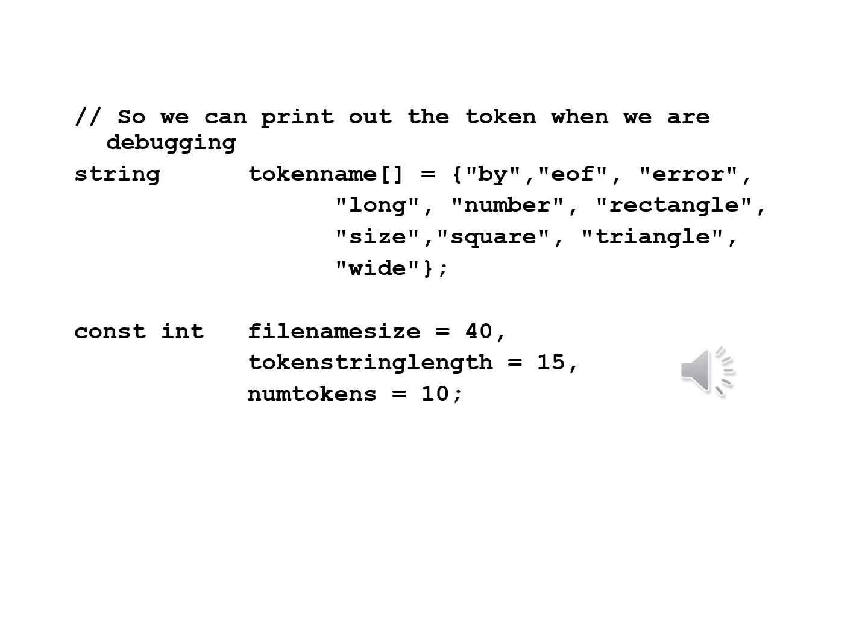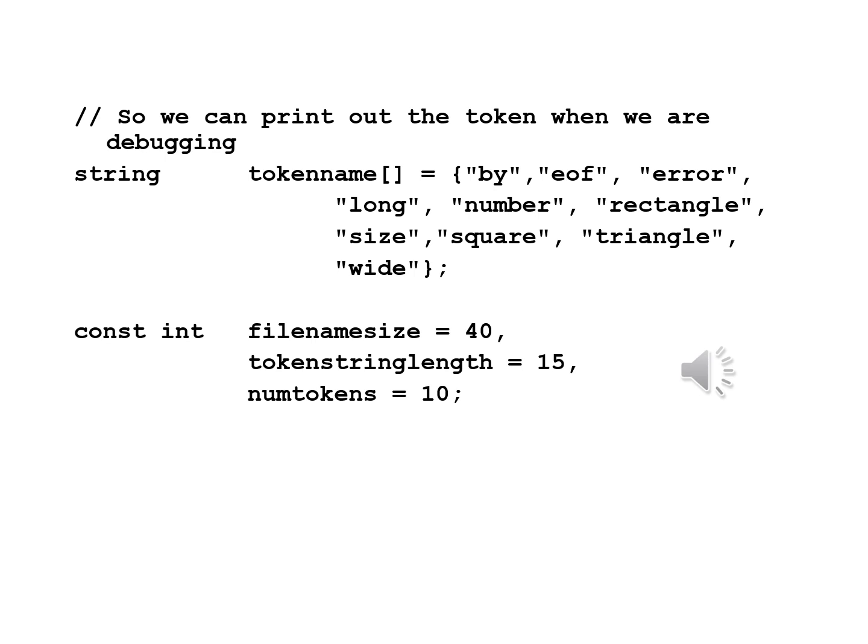When debugging, it proved very useful to be able to print out the names of the various tokens. We have here an array called token_name. It's an array of strings, and you can see here by, EOF, and so on. And if I use the token itself as the index here, I can print out as a string the token in question. When you're debugging, this becomes very useful.